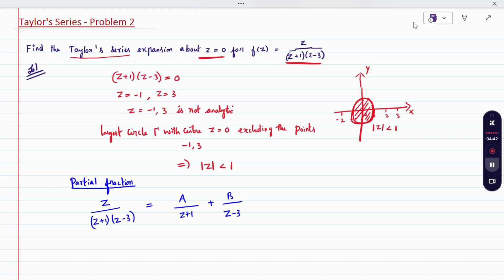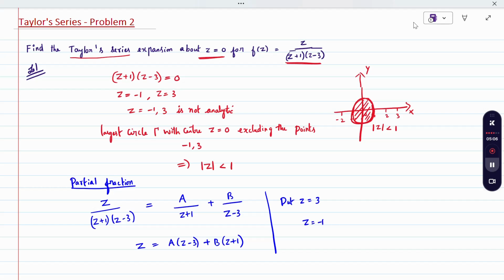Now when I write the partial fraction, z equals a into (z minus 3) plus b into (z plus 1). Now put z equal to 3 and put z equal to minus 1, and I will get the two constants.